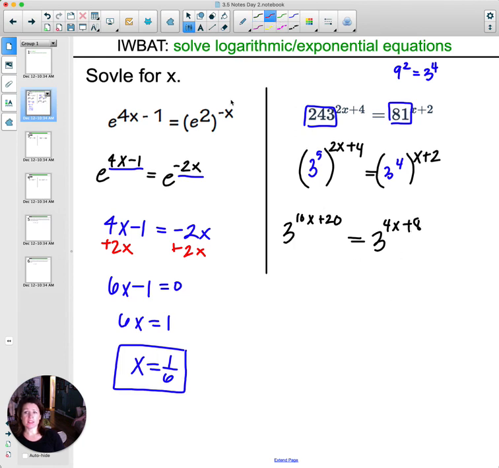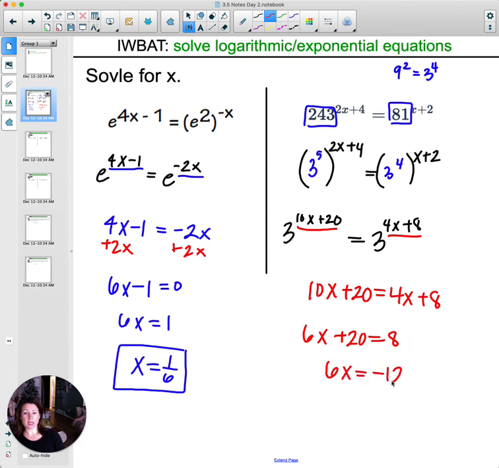Now that you have the same base, these exponents are going to be equal to each other, so we will set those equal. 10x plus 20 equals 4x plus 8. I'll subtract 4x from both sides, then subtract 20. So 8 minus 20 is negative 12. Divide by 6 and get negative 2.